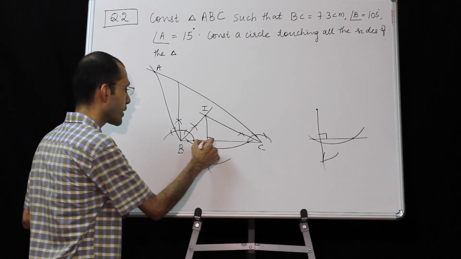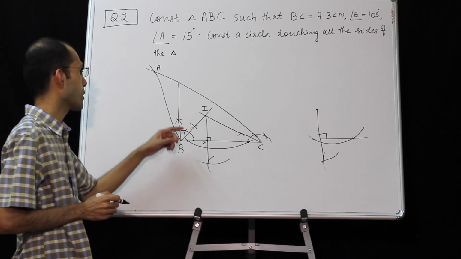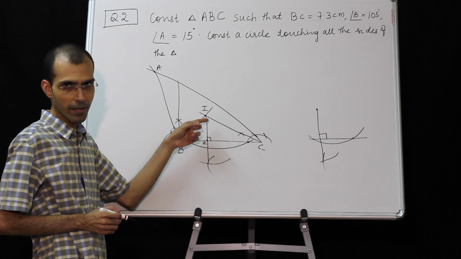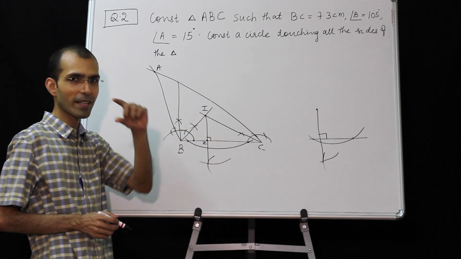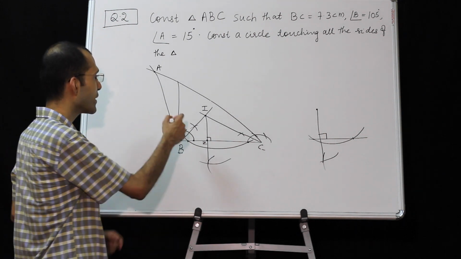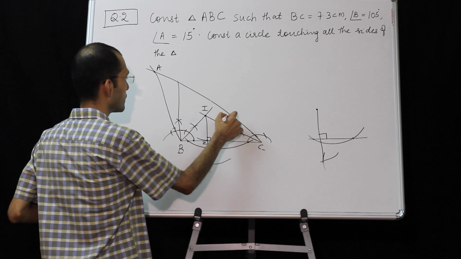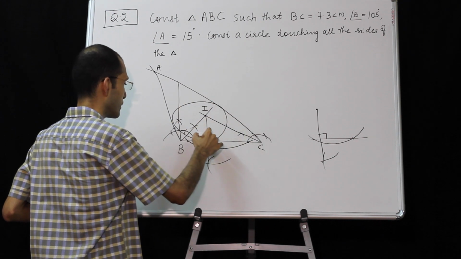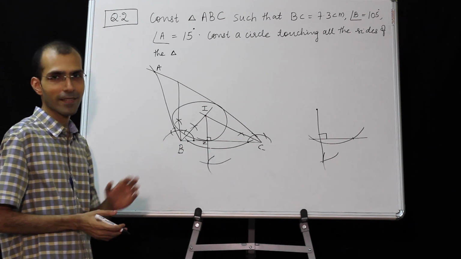Say we name this point as Z. Now with the pointed edge of the compass on I and IZ as our radius, we trace out a circle. It will touch all the 3 sides.